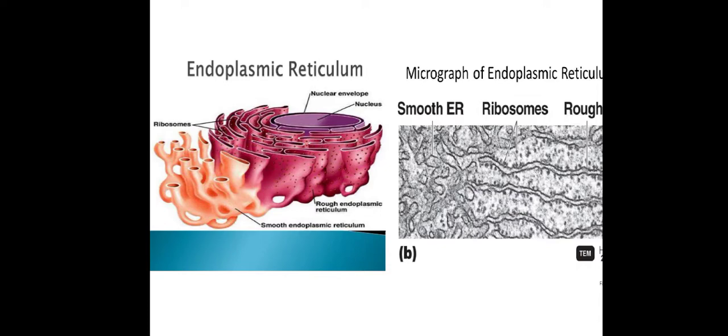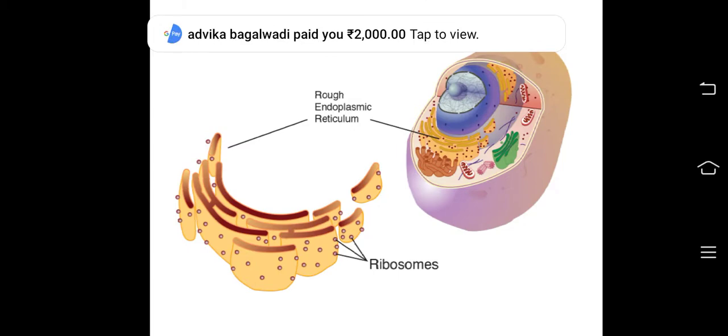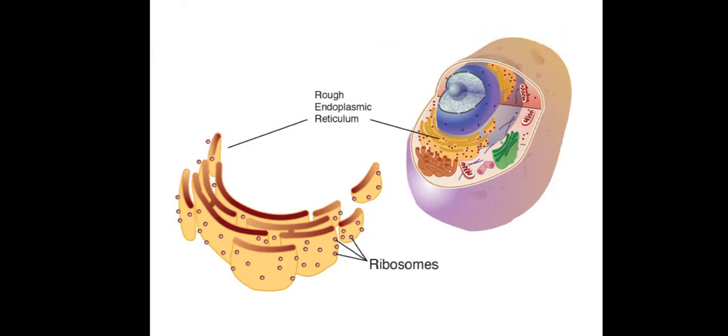Next, what are the functions of endoplasmic reticulum? These act as channels, so they are involved in transportation of materials from the nucleus to the cytoplasm or from the cytoplasm to the nucleus.